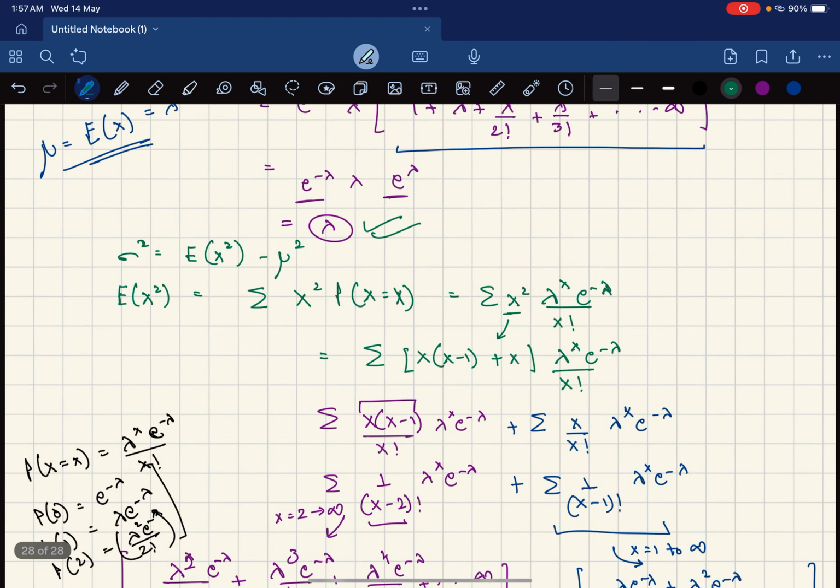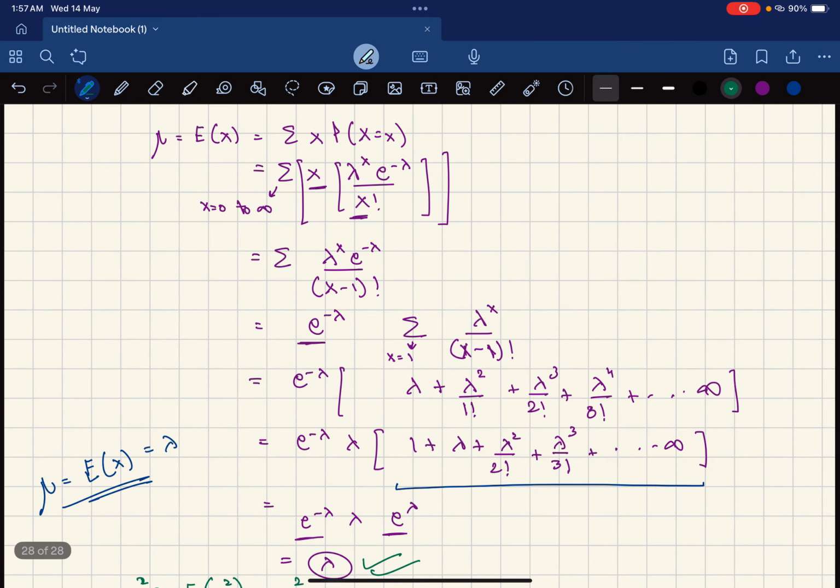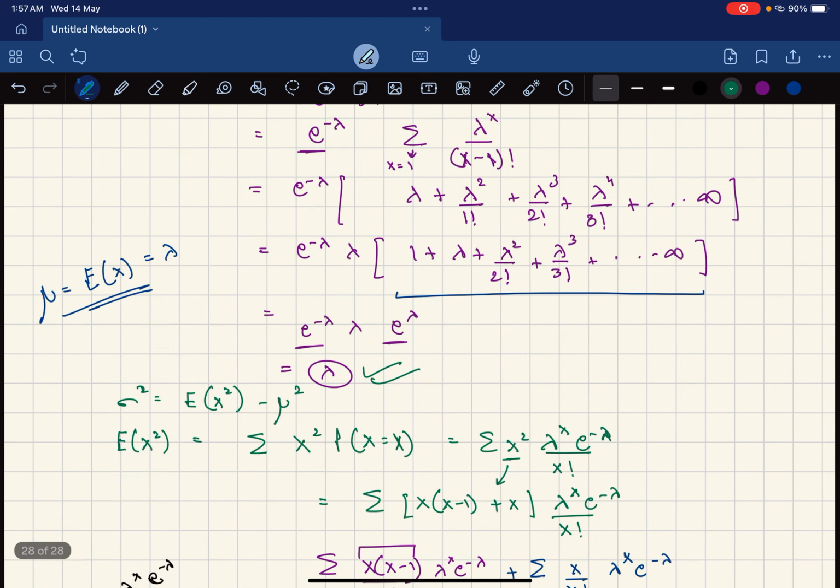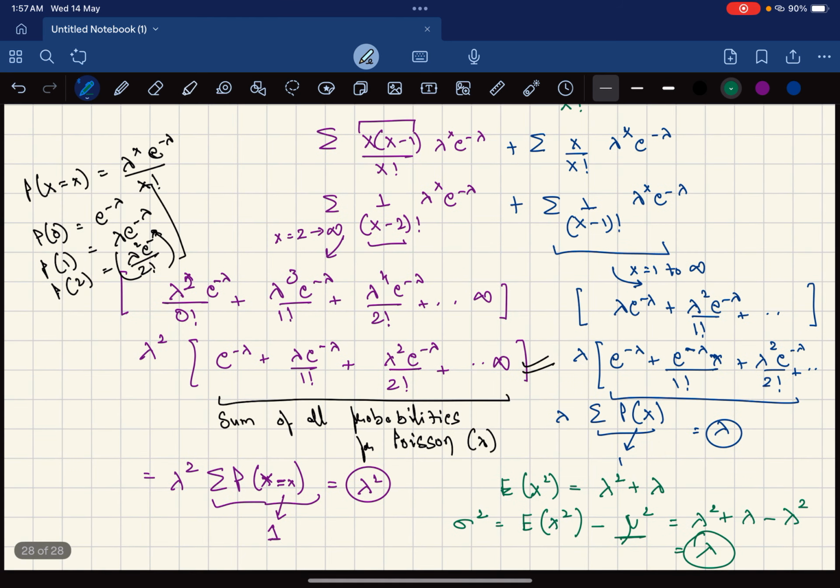So for the Poisson distribution, the mean and variance are both equal to lambda, and one has to remember that we use a Taylor expansion to get to this expected value and variance of a Poisson distribution.